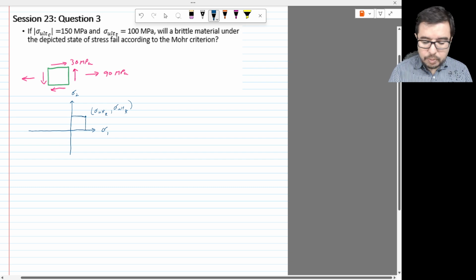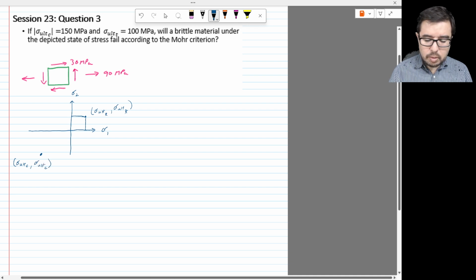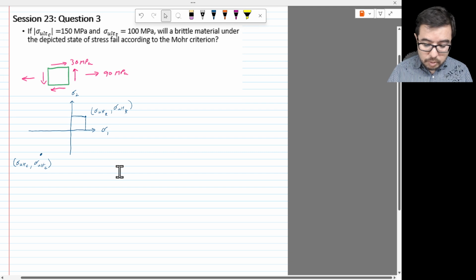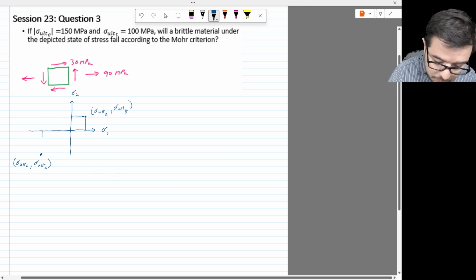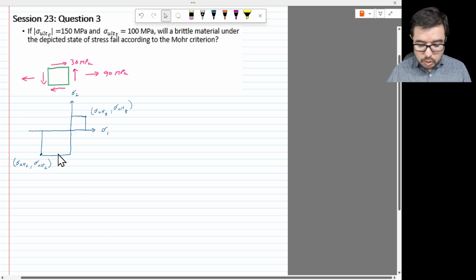Then we come to quadrant 3 and draw a dot for the ultimate compressive strength of the material. It has a larger magnitude, 150 megapascals versus 100, so it's down a little bit further. This really should be a square-ish box, but you get the idea.